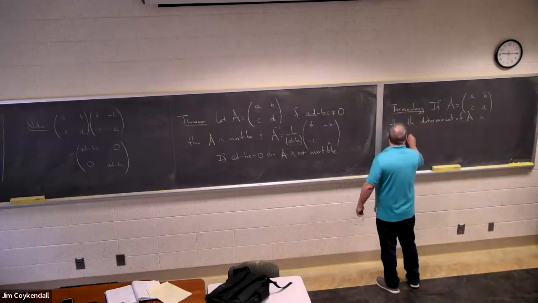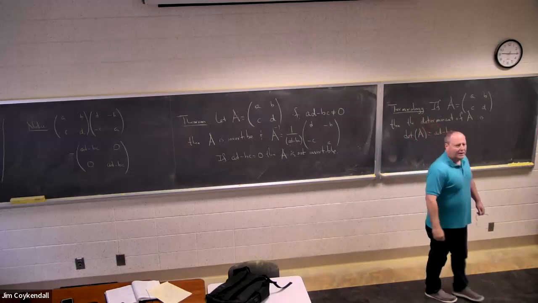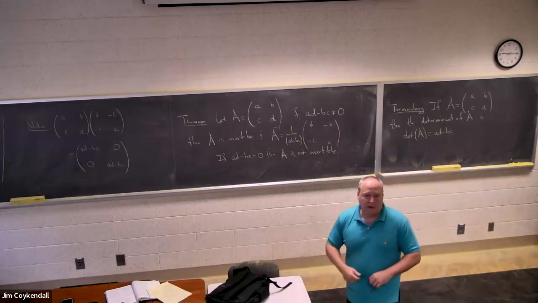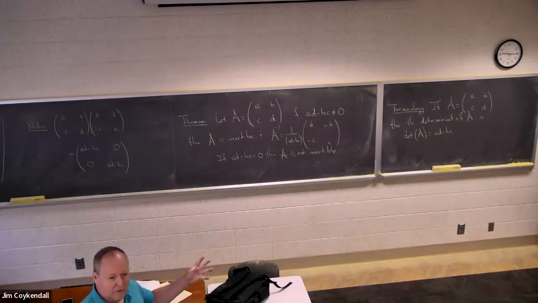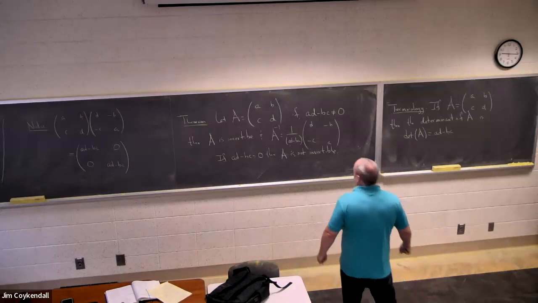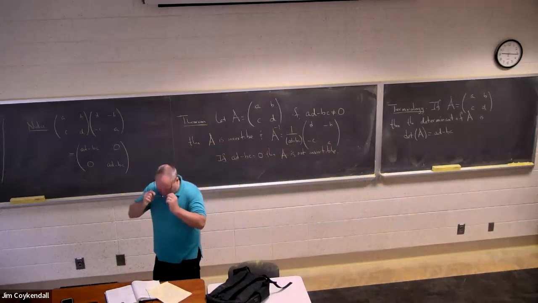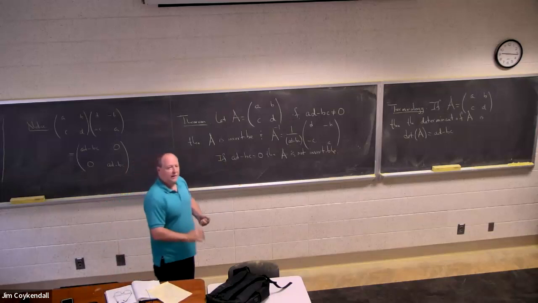It is denoted det A, and it is AD minus BC. This is the crucial value that tells you whether or not the matrix is invertible. This is what a determinant is for a 2 by 2 matrix. By the way, spoiler alert looking forward: if you have any square matrix, there is a notion of determinant, but it's too complicated for me to do yet, and we're going to do that in depth later. Determinant is something for a square matrix that gives you a lot of information about it. In particular, for the 2 by 2 case, that determinant tells you whether or not it's invertible. Okay, any questions?